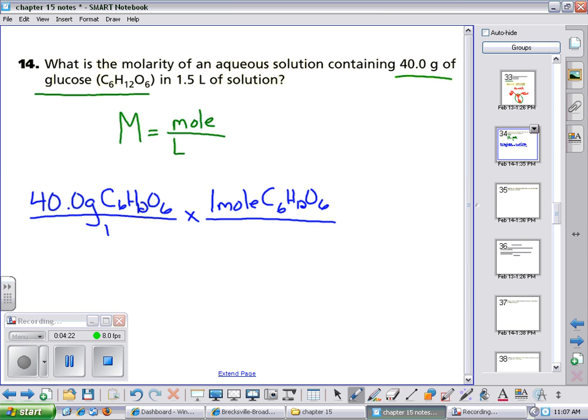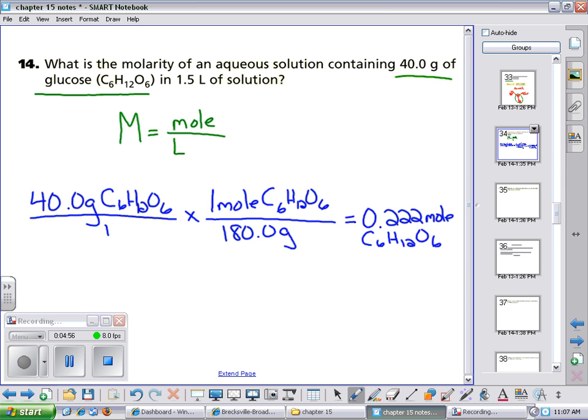So 12 times 6 plus 12 plus 16 times 6. When you add that all up, it's 180 grams for your gram formula mass of that glucose. So 40 divided by 180 gives you 0.222 moles of C6H12O6.